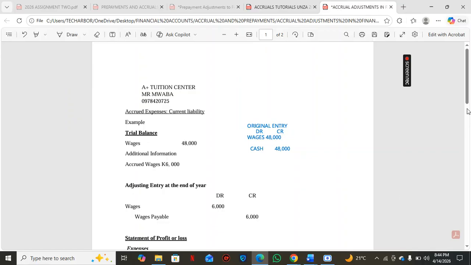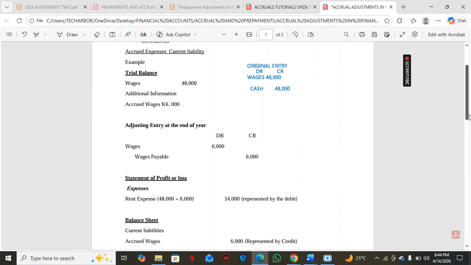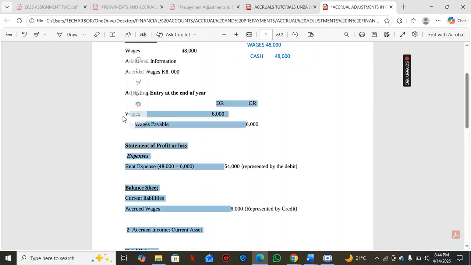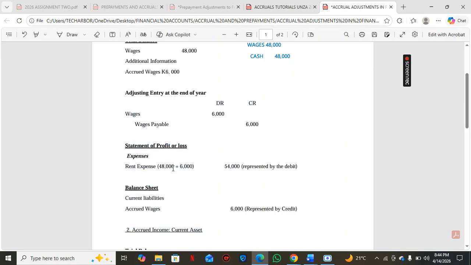In our statement of profit or loss, under expenses, you add this 6,000 to the 48,000. This was this debit entry here. 48 plus 6,000 is 54,000.